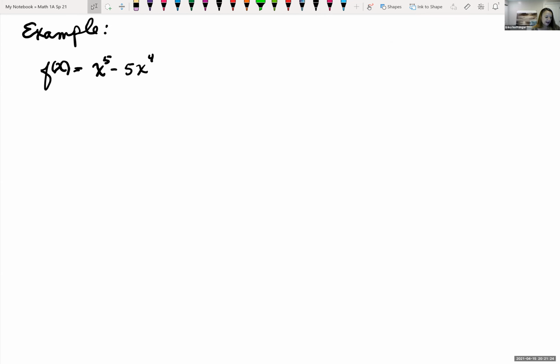Looking at that, I can tell that I don't have any problem spots. I don't have any values of x that I could plug in and not get back a real number, or that would be undefined. So my domain for f of x is all real numbers.